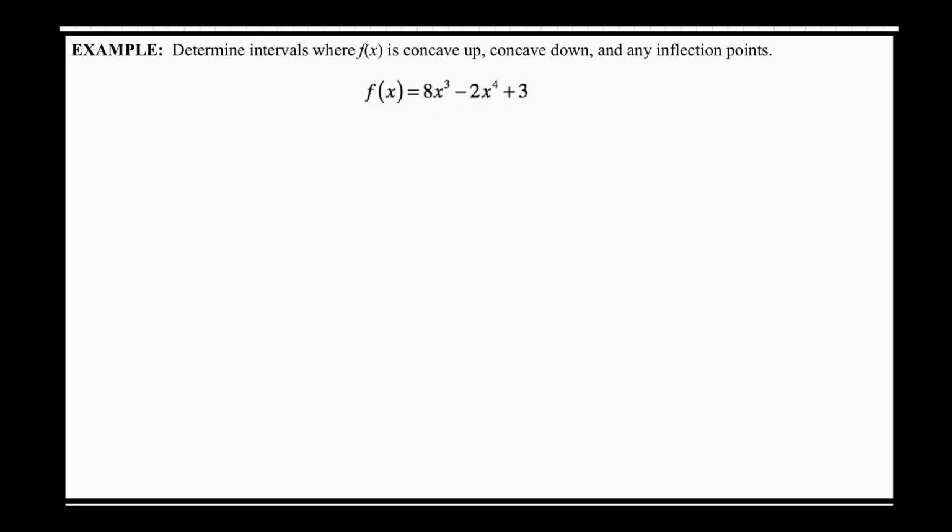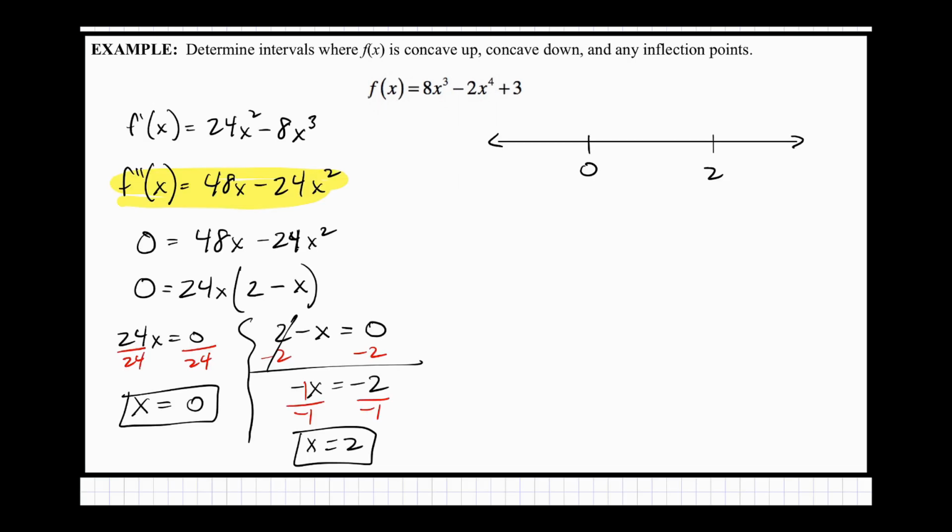So to do the next example. The second derivative, I got 48x minus 24x squared. Factored that, 2 answers. So I know I'm going to have inflection points at 0 and positive 2. So now I got to plug in numbers less than 0, in between 0 and 2, and greater than 2 into the second derivative.